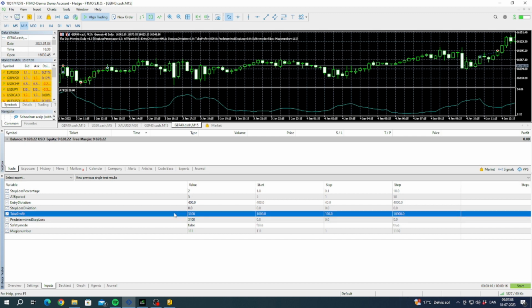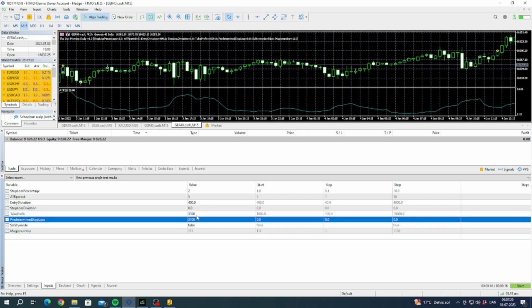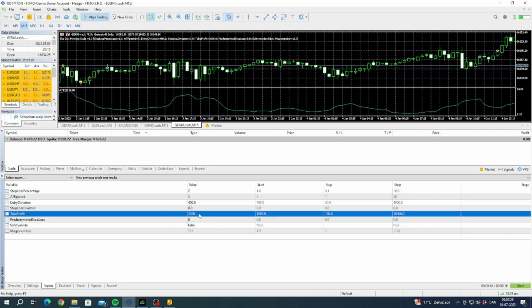So you can do this as well. It actually gave some pretty decent results using this 1-to-1 risk-reward ratio. So feel free to play around with that as well. And you can just reset it to 0 if you want to go back to using the variable stop loss.